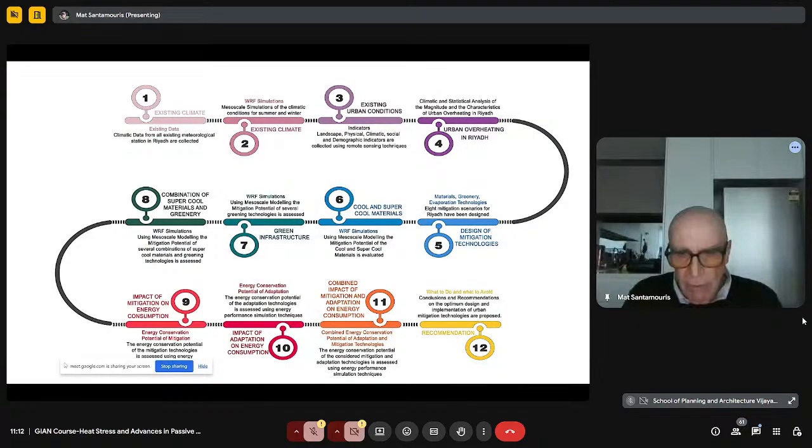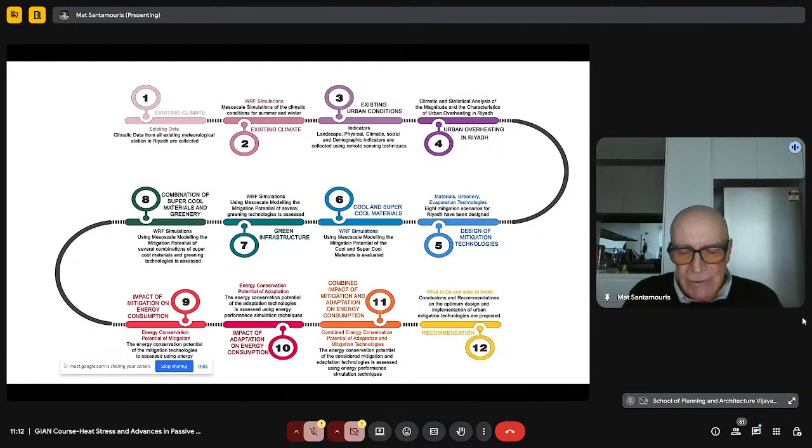And finally, once the full study was almost completed, we had to prepare and propose recommendations on the optimum design and the implementation of urban mitigation technologies that are proposed at the city level.